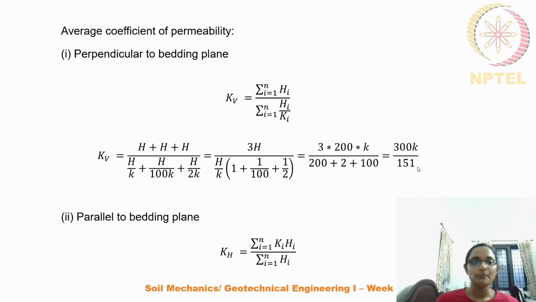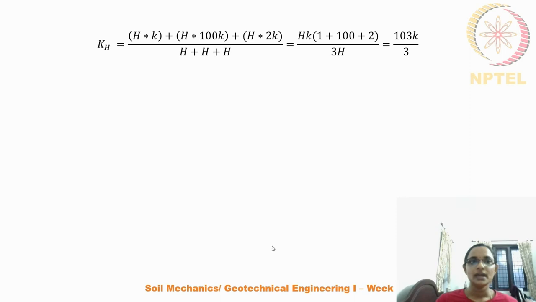Right. Now, parallel to the bedding plane, our equation is sigma Ki Hi by sigma Hi. Substituting, we have HK plus H into 100K plus H into 2K by 3H. So H and H again gets cancelled. It becomes 103K by 3.